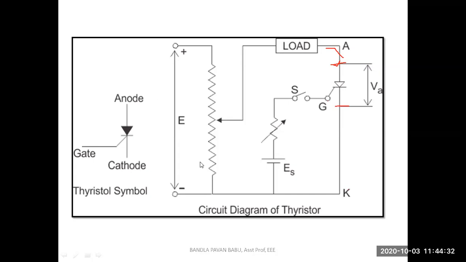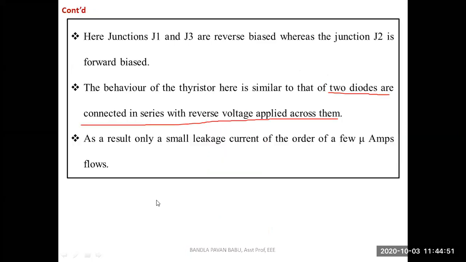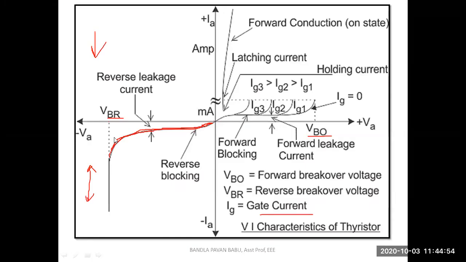In this mode, junctions J1 and J3 are in reverse bias and J2 is in forward bias. Only a small leakage current flows from anode to cathode, and the switch is not conducting. One more point to highlight: if the reverse breakover voltage is continuously increased, it may reach breakdown. That's about the reverse blocking mode.